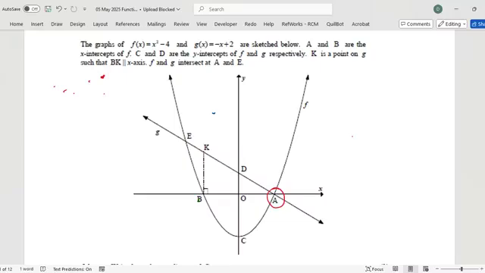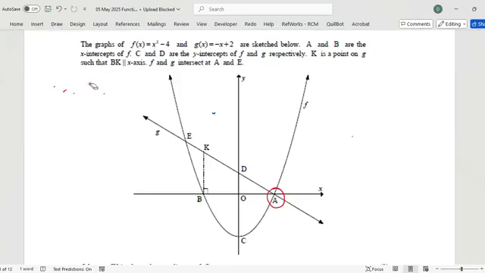Is C the turning point? Let's use the x-intercept and y-intercept; we'll use the turning point later. Is C the x-intercept, the y-intercept, or the intersection point?